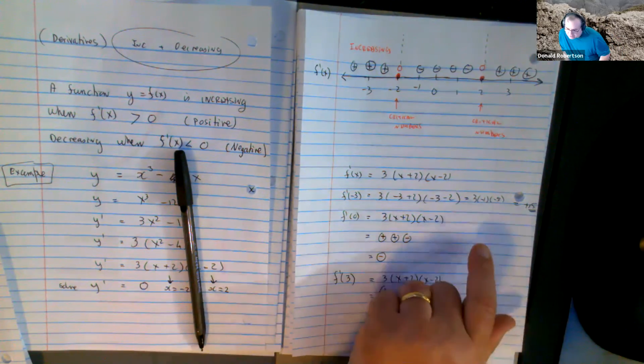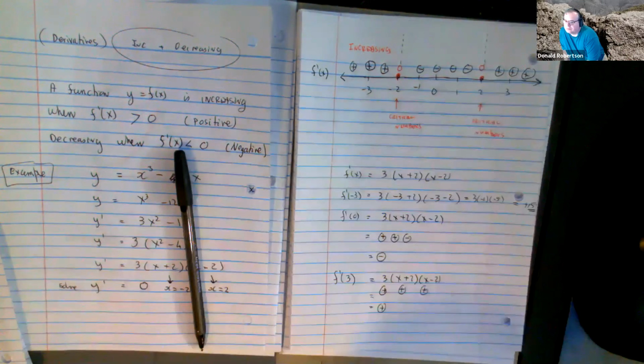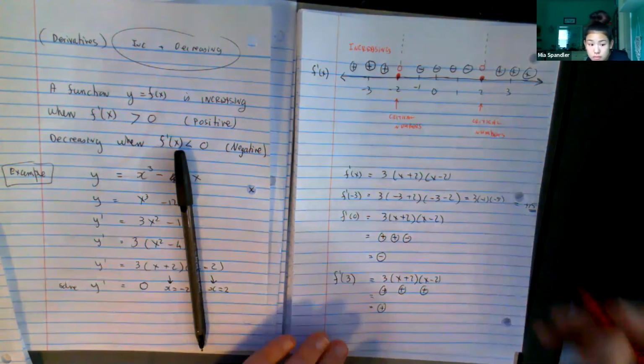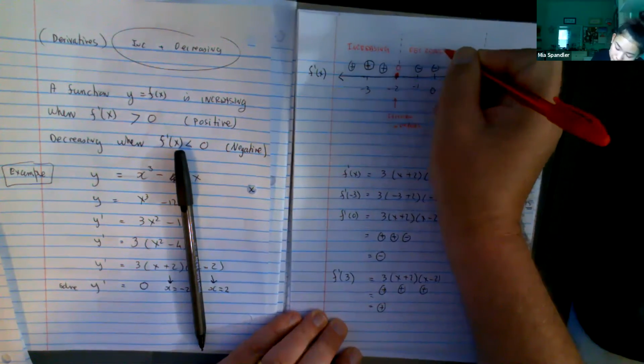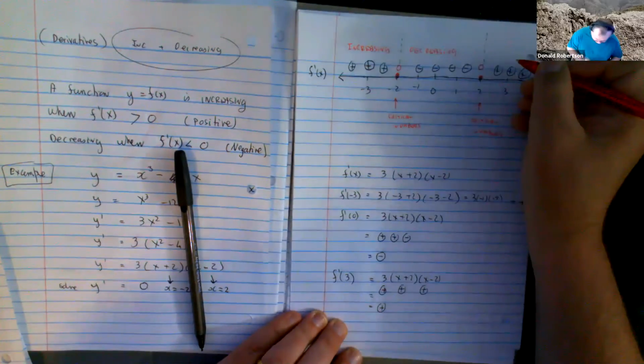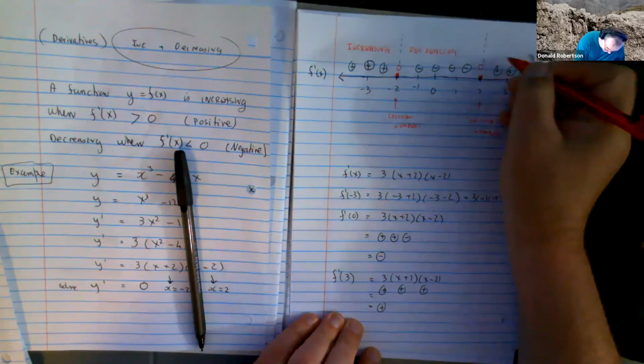What's the curve doing? Increasing or decreasing from -2 to +2? Decreasing, right? And what's it doing up here? Increasing.